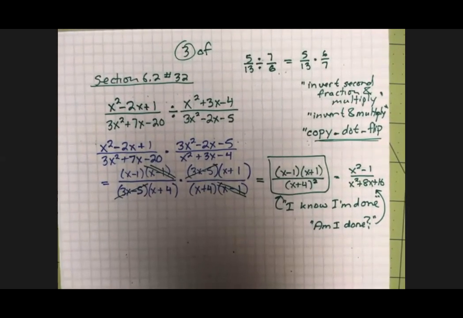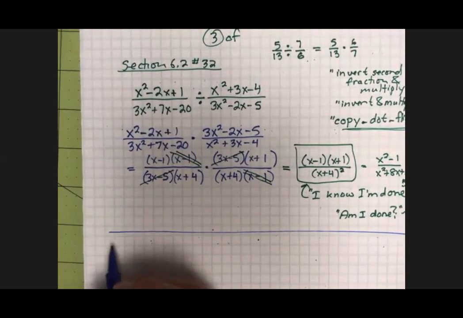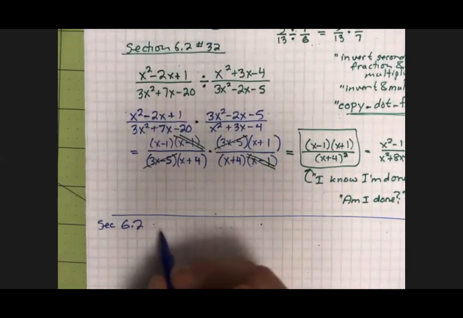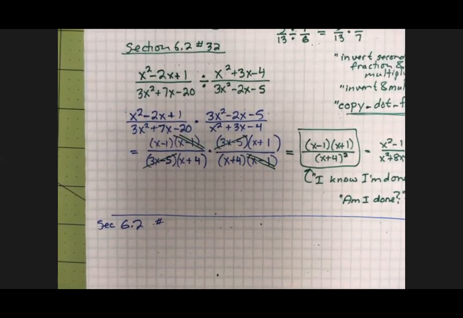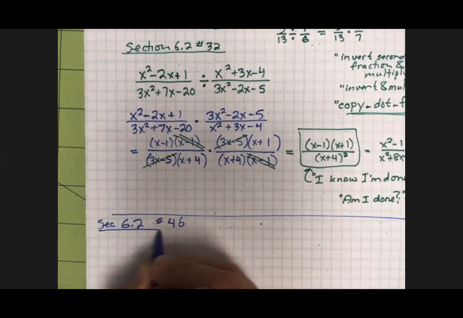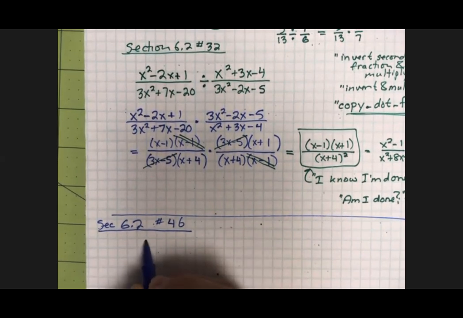So let's try 6.2 number... Oh, let's look at one that looks particularly ugly. It's 46. You might look at that page and say, I think there's uglier ones. But when I look at 46, I think he's got one extra trap in there for you.